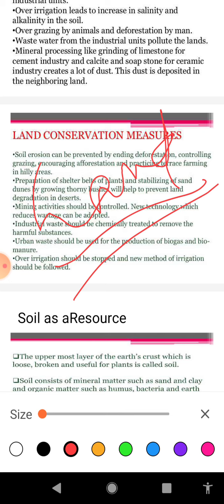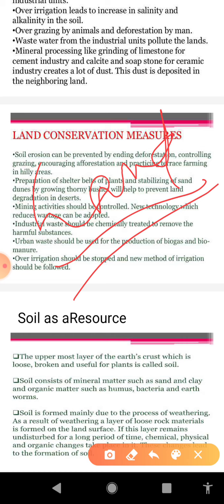Then another question from the same topic, gross sown area, or we can say gross cropped area. The gross cropped area can be explained as area sown more than once in an agricultural year plus the net sown area.